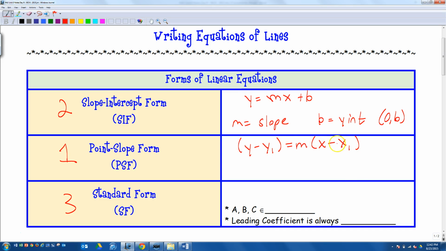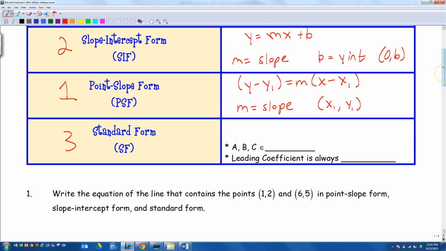Notice how the signs are opposite of what they really are. In this one, m is still the slope, but the point is x1, comma y1. That's it for point slope form. So, just remember that it's the opposite sign.